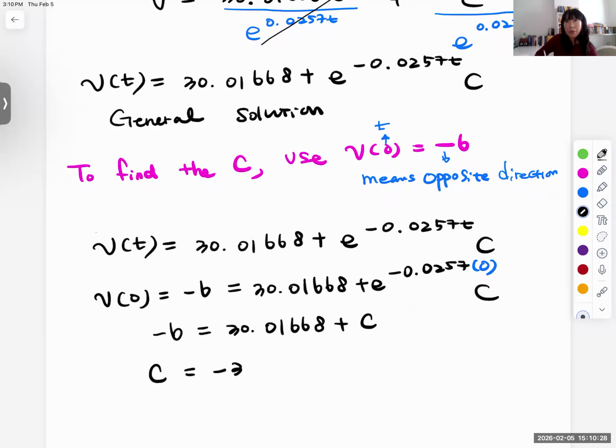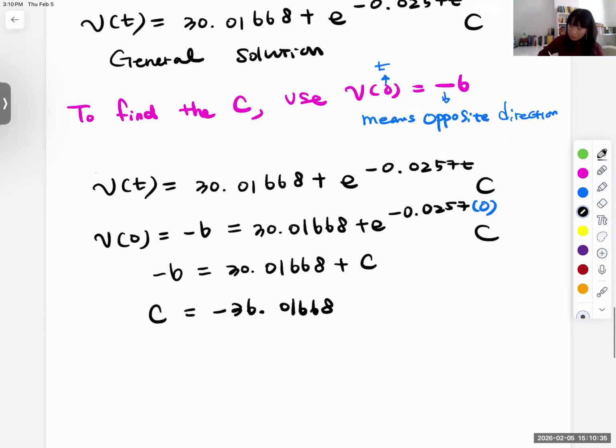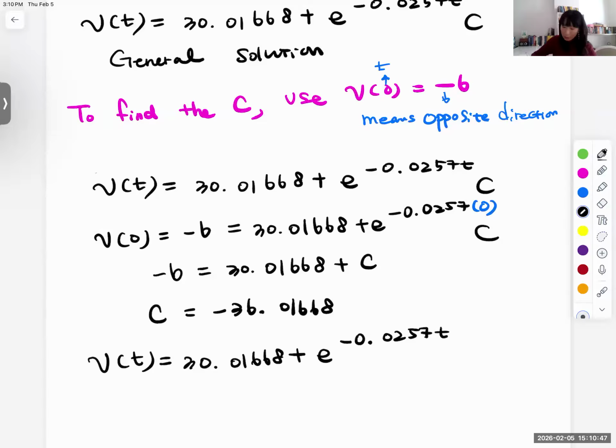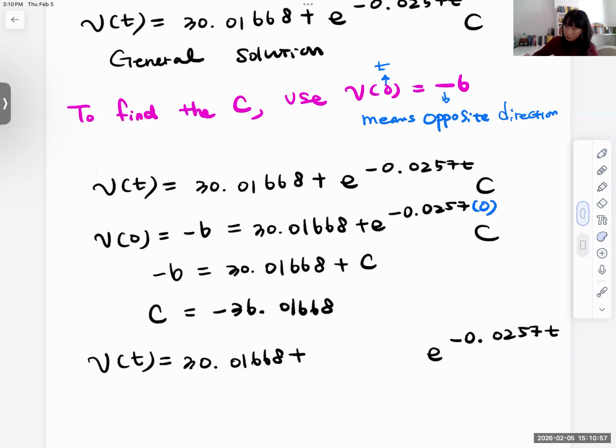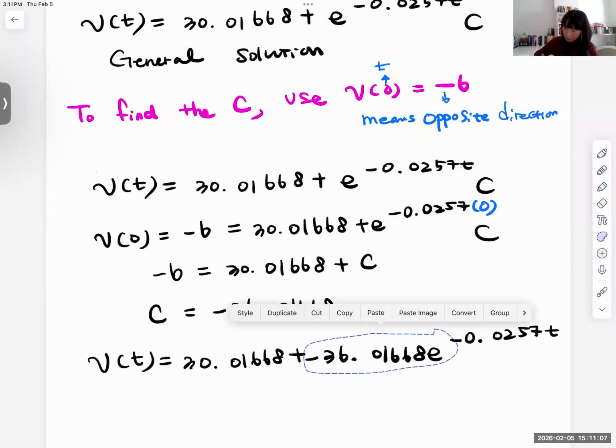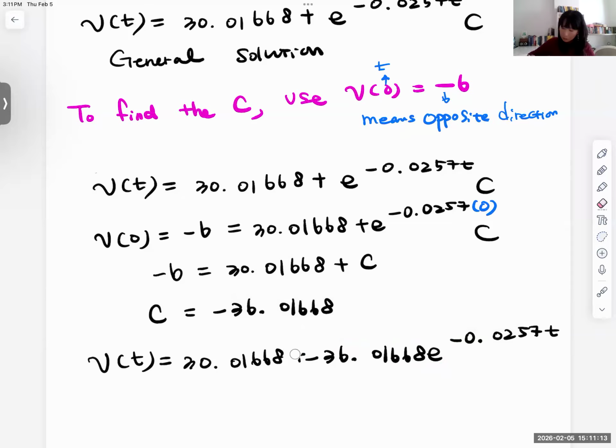C equal to -36.01668. Okay, now v of t is 30.01668 plus e to the negative 0.0257t. C was -36.01668, so I want to put the constant in front, since that is the constant for the second term.